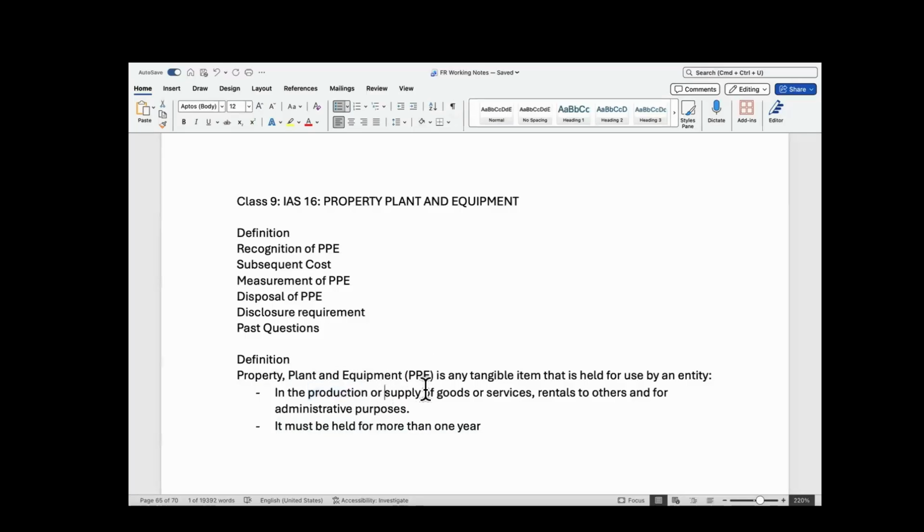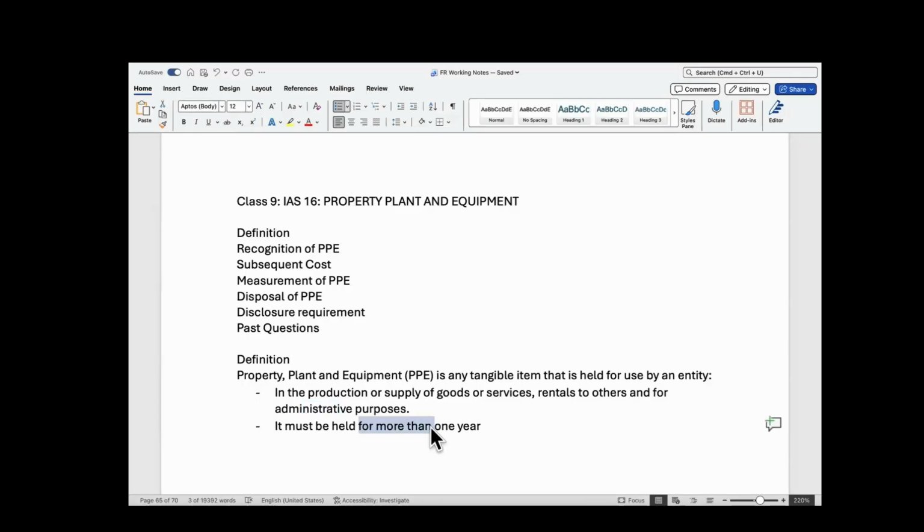Or in terms of supply, you'll be talking about motor vehicle or delivery van that you use to supply, or any item that you are holding to rent to other people, or for administrative purposes, whether your furnitures, your air condition that makes your activities in your office possible, your laptop, those are PPE, but they are only PPE if you are holding it for more than 1 year.